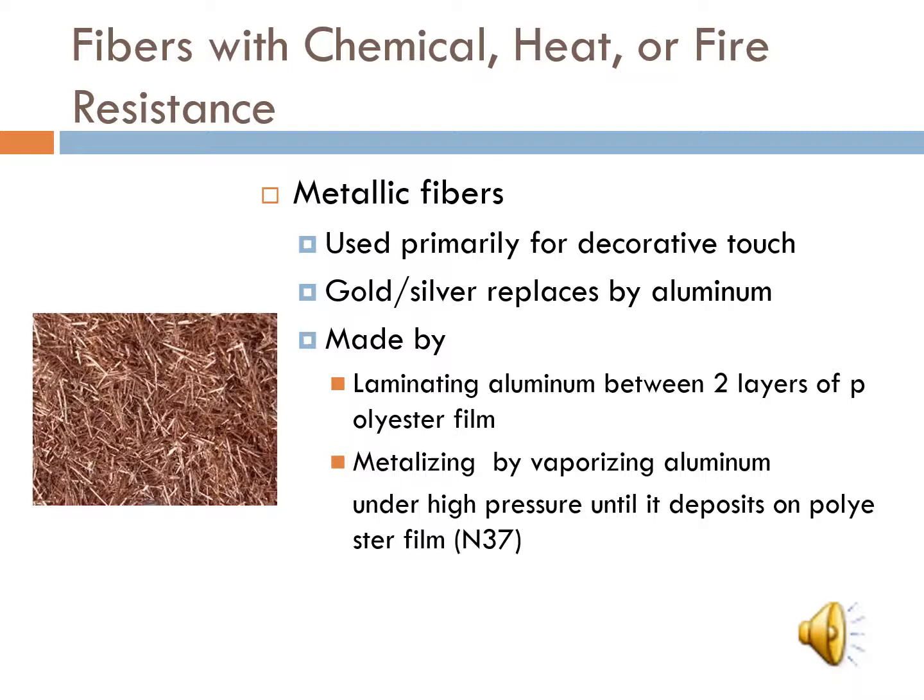They can either be made by laminating the aluminum between two layers of polyester film, or by vaporizing the aluminum under high pressure until it deposits on the polyester film. If you look in your textile kit under N37, you can see an example of a metallic yarn that has been metallized, so to speak. But again, those are primarily used for decorative purposes and trims and that sort of thing.